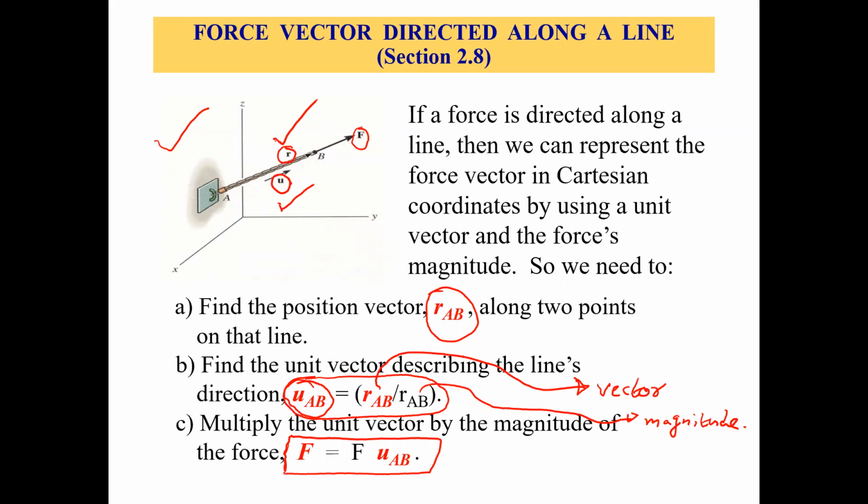F equals F times UAB, where F is the magnitude and UAB is the unit vector. Once we do that, we'll get the force vector in Cartesian form.